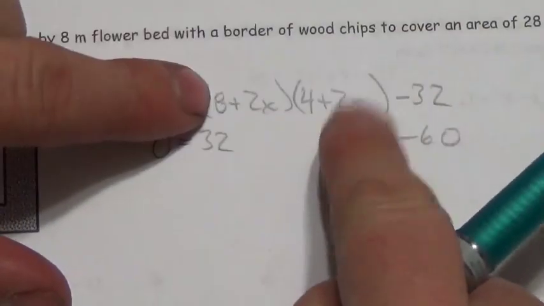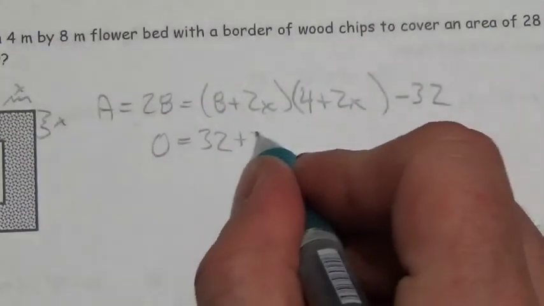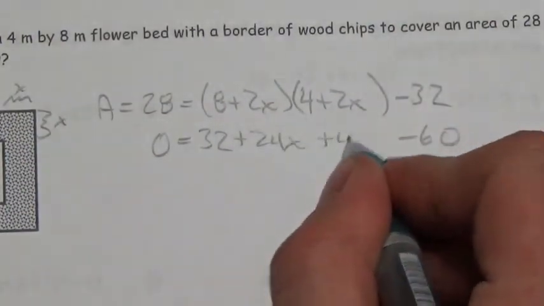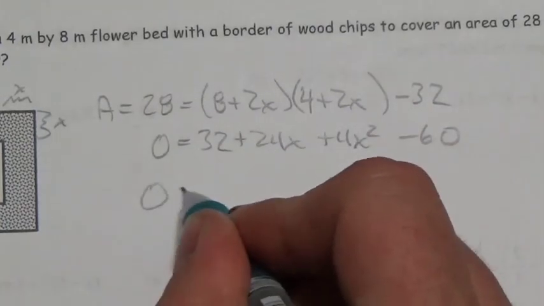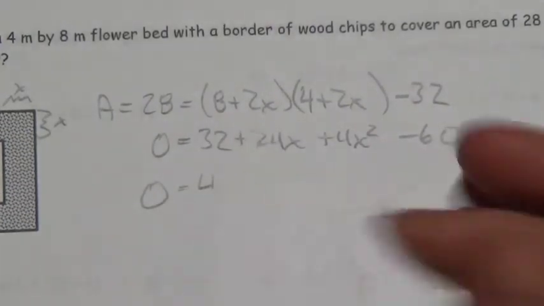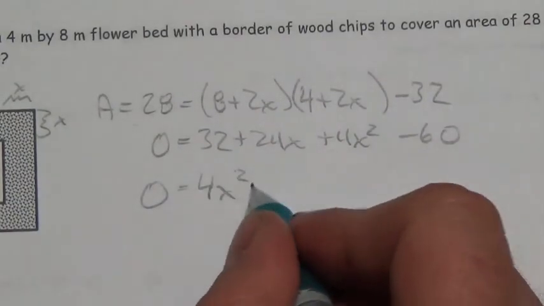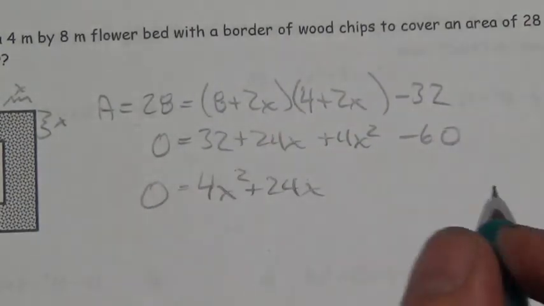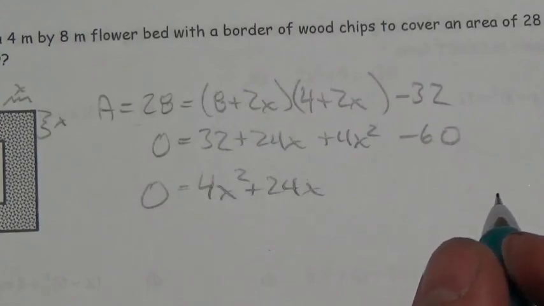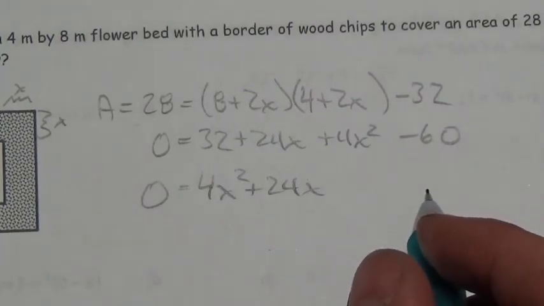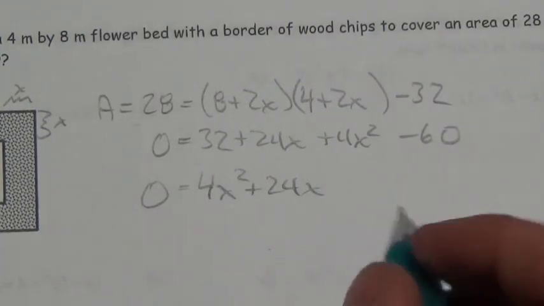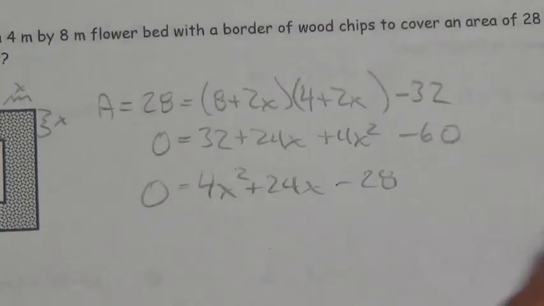When I multiply those out, 16 plus 8, so 24x plus 4x squared. So what do I get here? Putting that together, I'm going to get 4x squared plus 24x, and then I've got 32 minus that 60 there. 32 minus 60, I just want to double check on my calculator because I don't want to do that wrong.